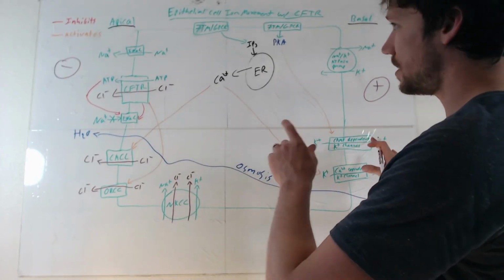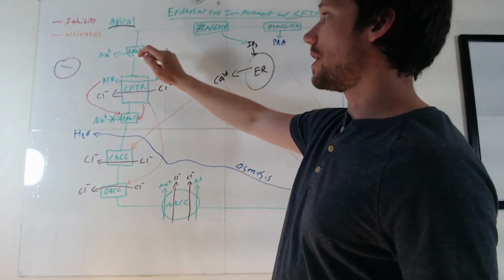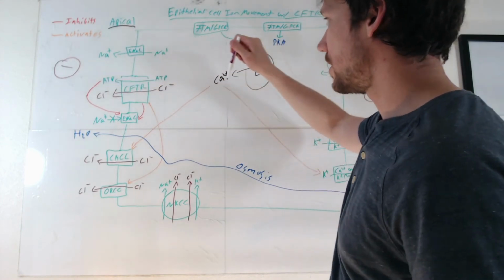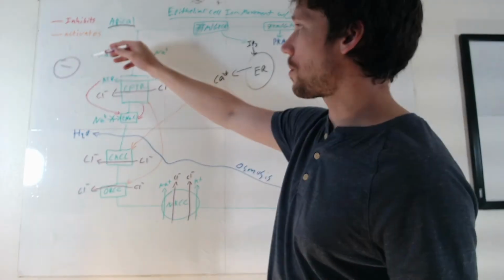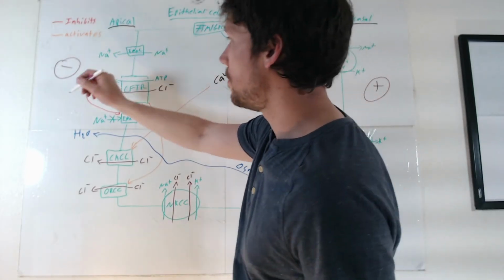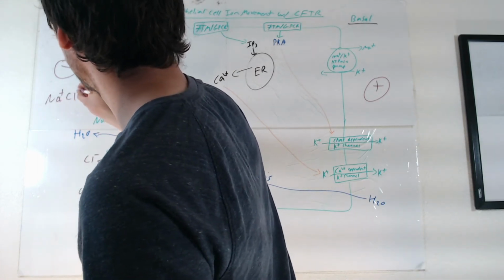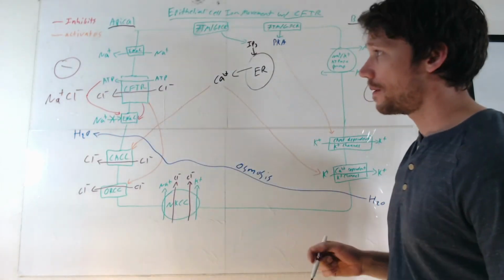This separation in charge makes it so that the ENaC channel, which usually takes sodium from extracellular to intracellular, will flip and move sodium across the membrane into the extracellular space, making NaCl, or sodium chloride, over here.